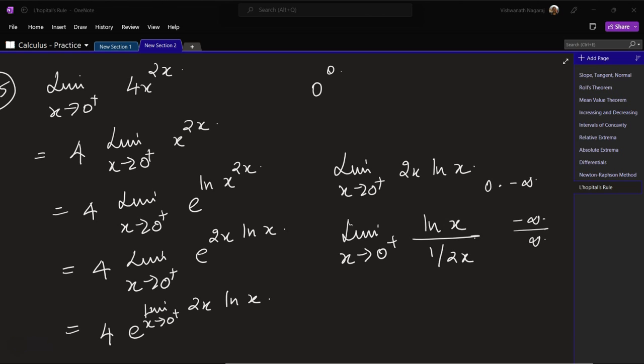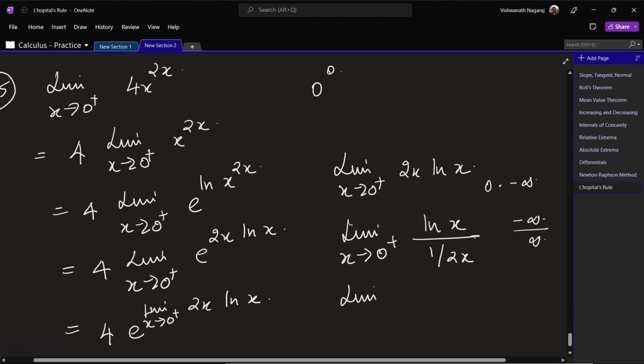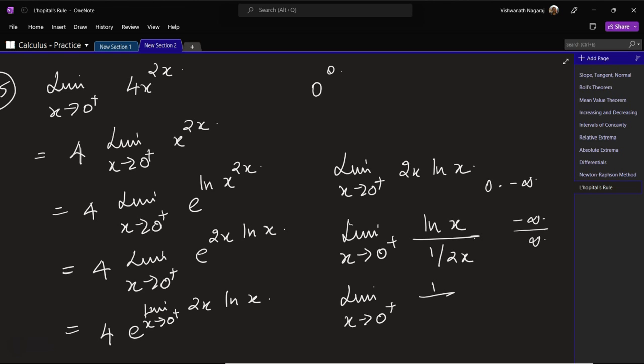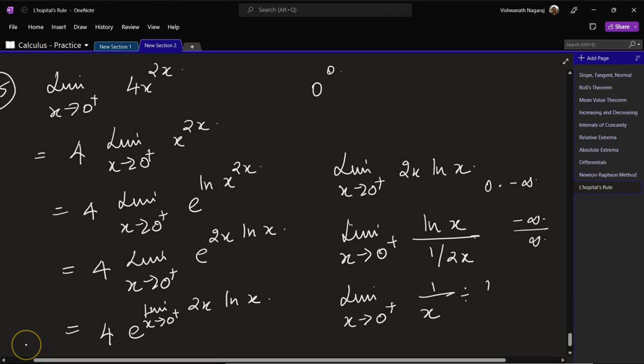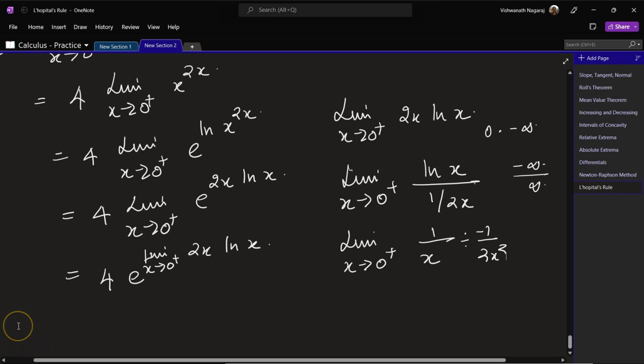So let's differentiate it by applying L'Hopital's rule. So limit as x approaches 0 from the positive side of 1 by x divided by, and for 1 by 2x, if we differentiate, we get minus 1 by 2x square. Okay. And now let's take the reciprocal, 1 by x times 2x square, and let's put the minus here.